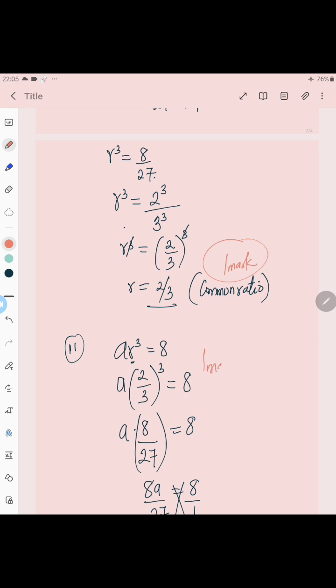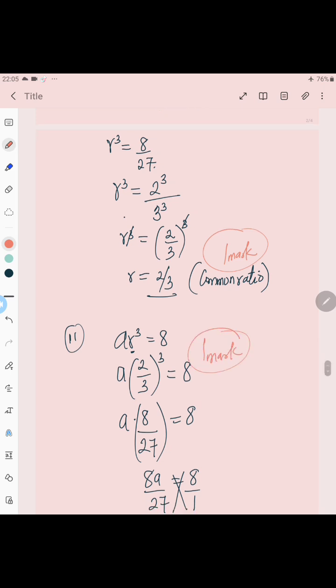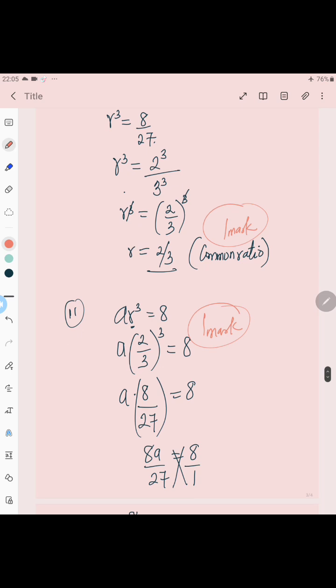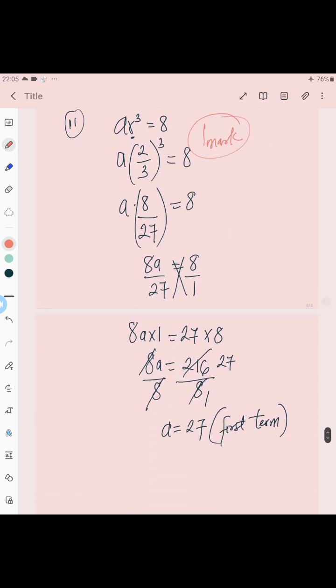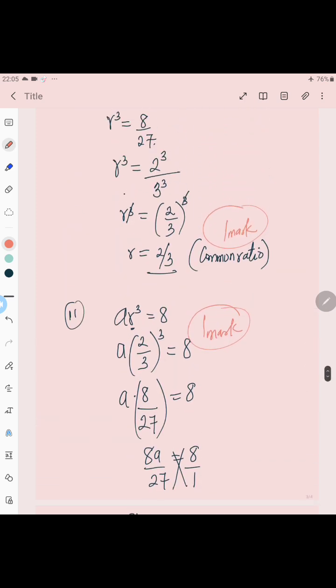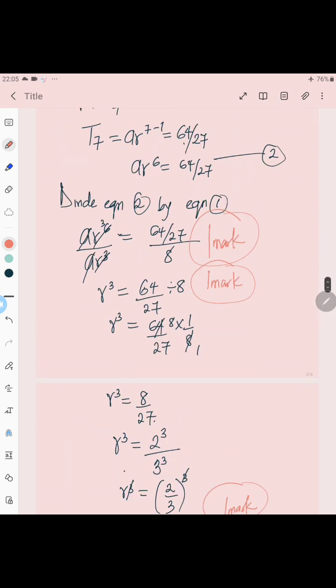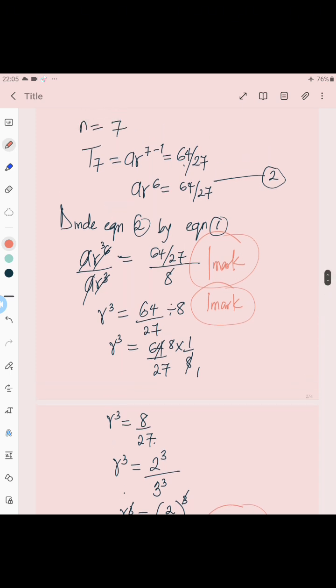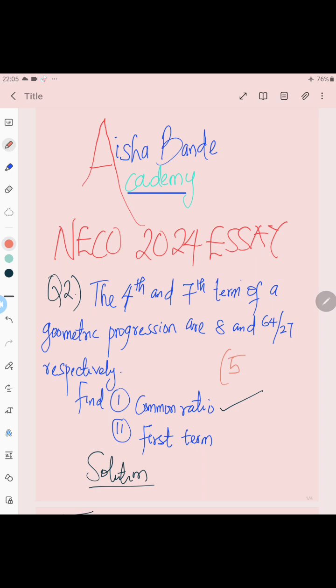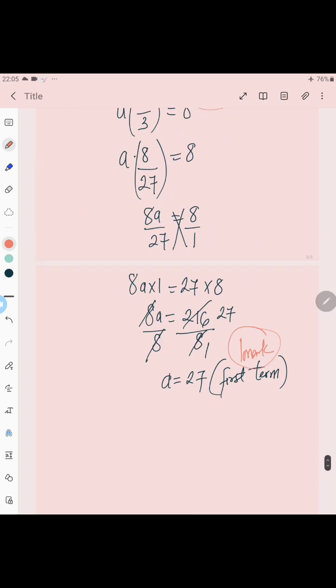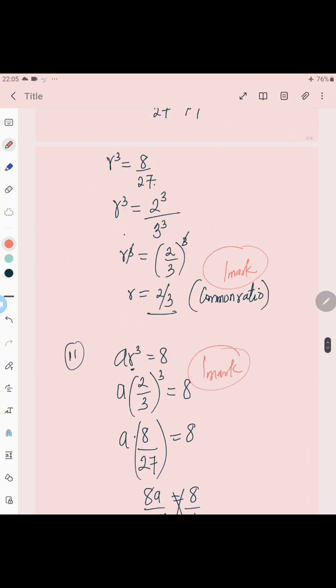And also, getting the value of A to be equals to 27 here gives us another 1 mark. So we have 1, 2, 3, 4, 5. The total number of marks allocated is 5 marks in total. Okay, so this is the marking scheme according to the examination body.